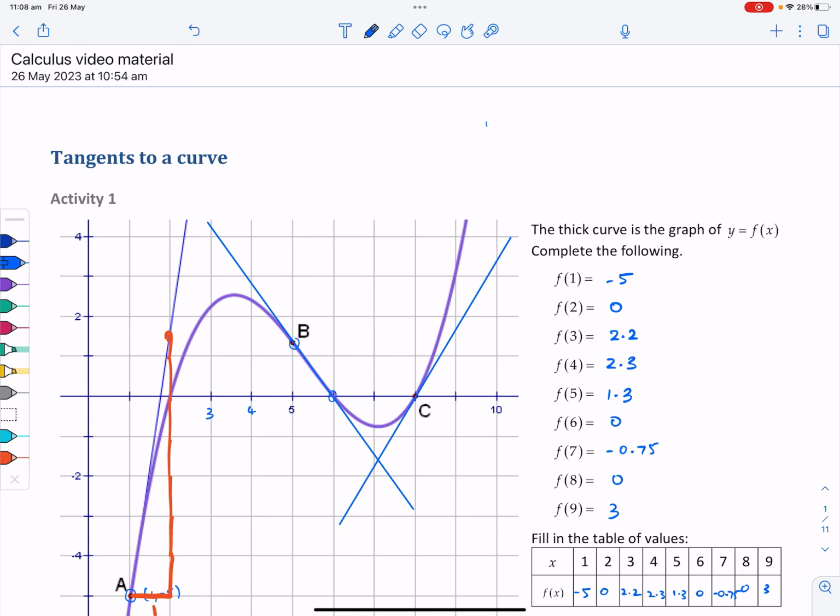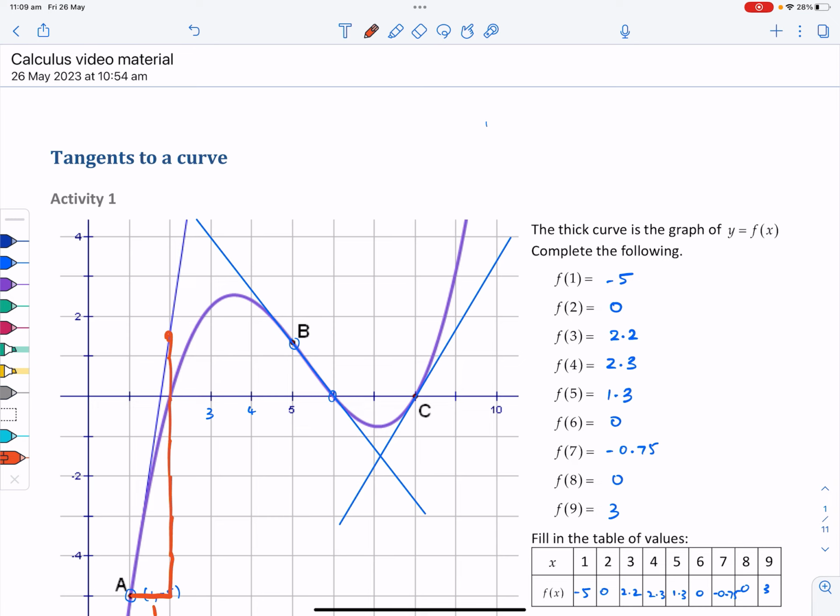So the idea of a tangent, just imagine that this thing's like a solid object and I'm putting a ruler up against it. So I can't go through the curve. I have to press the ruler hard against the solid object and it's got to touch this point here. Right, so this one, because of the nature of the curve, it kind of has to slice through. Maybe I can do it a bit better. Near enough, there we go, that's a bit better. Near enough is good enough. We're just trying to work it out.